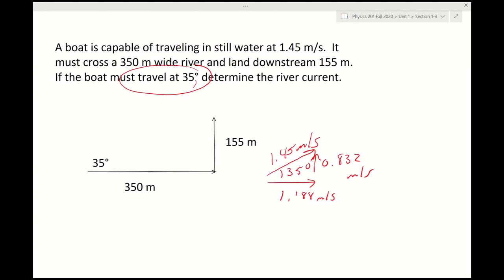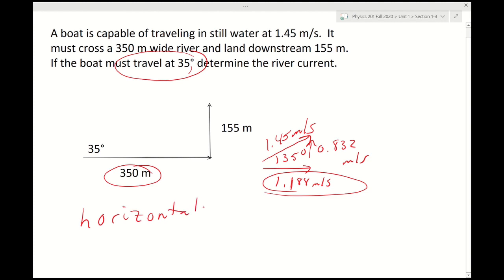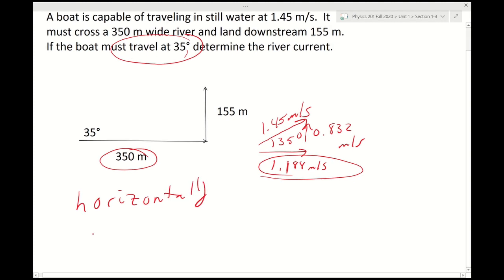If it's a distance of 350 meters and we are able to move at 1.188 meters per second, then horizontally, our displacement, our distance, which is just speed times time, is 350 meters. Our speed is 1.188 meters per second.